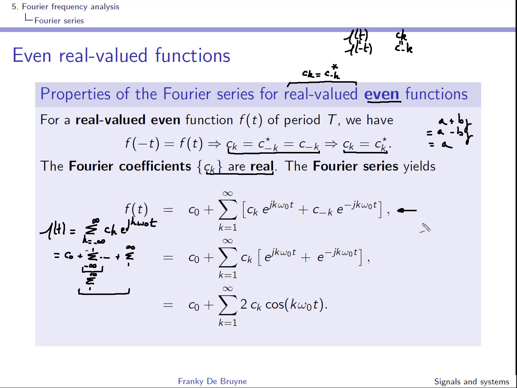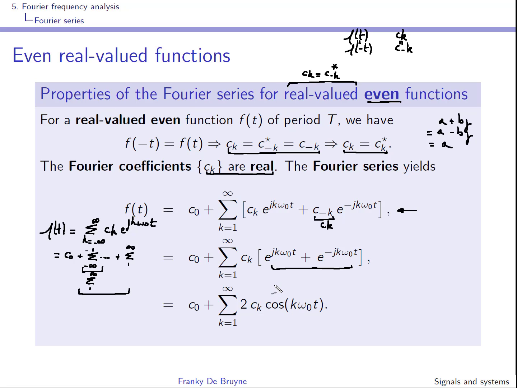We have done something similar previously, and what we have now, since the function is even, is that this is equal to ck. We can put the ck in front, and this is what we obtain over here. This is Euler's identity, so this is 2 times this cosine over here.